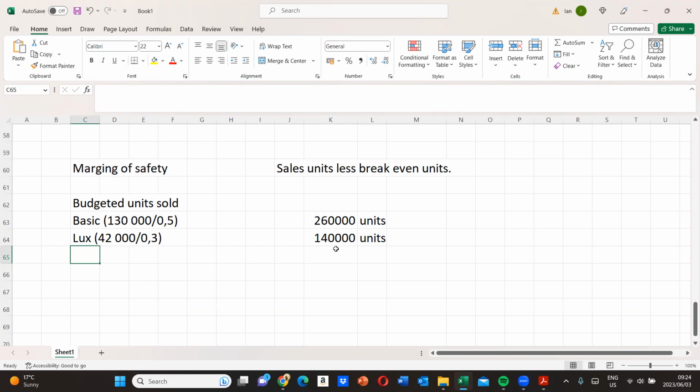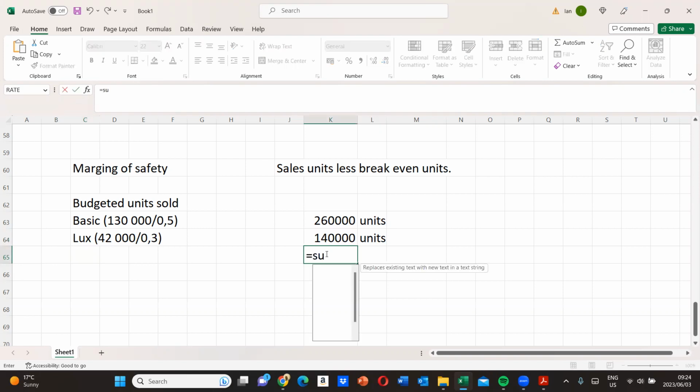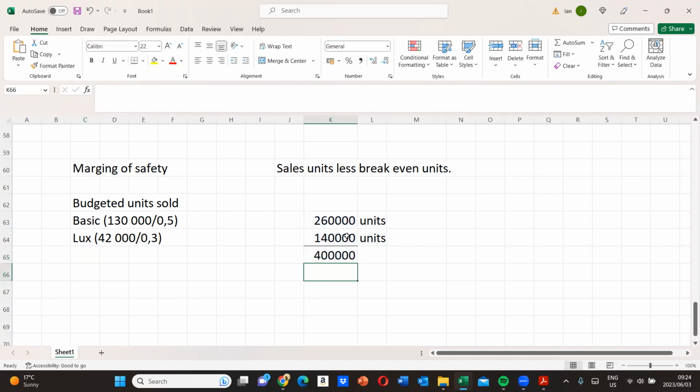So we now have the number of units that the company has actually produced and sold. You can add them together, since remember we have 2 products, which means you need to do the calculation of weighted contribution. It gives you 4 million.